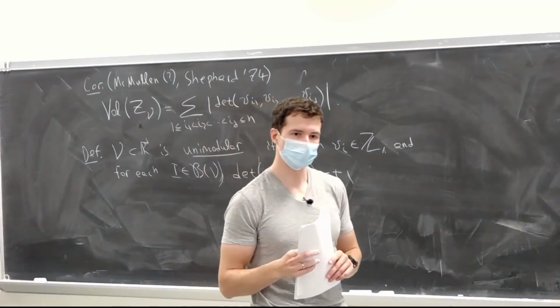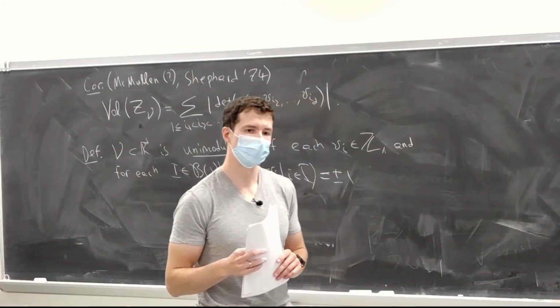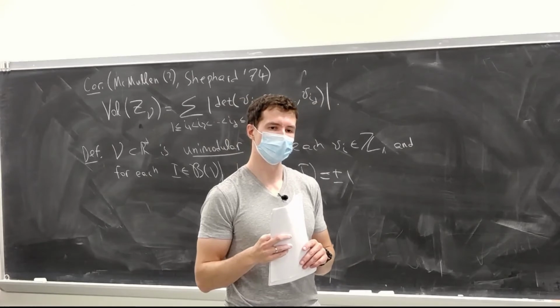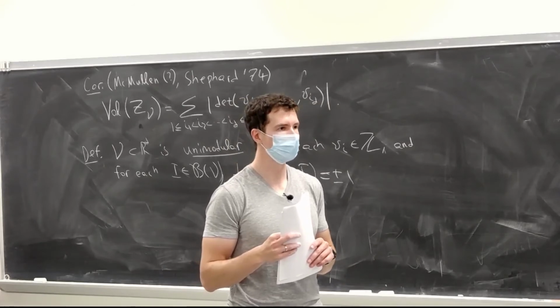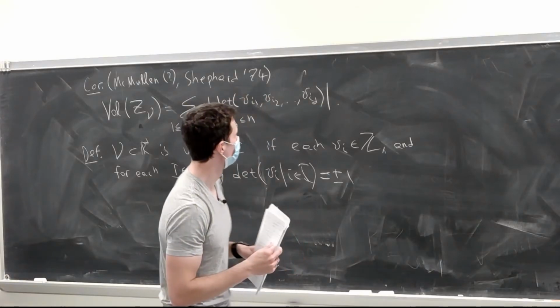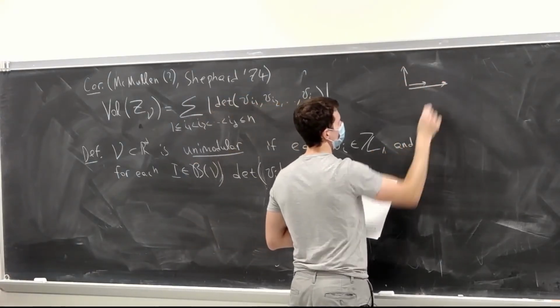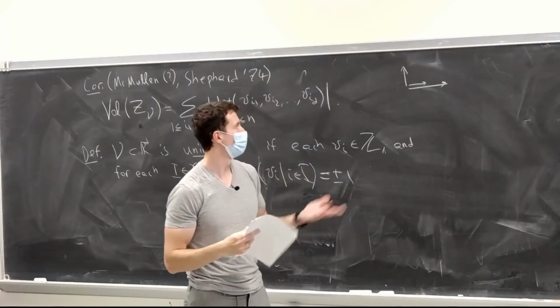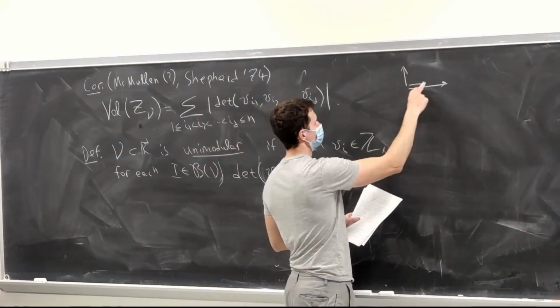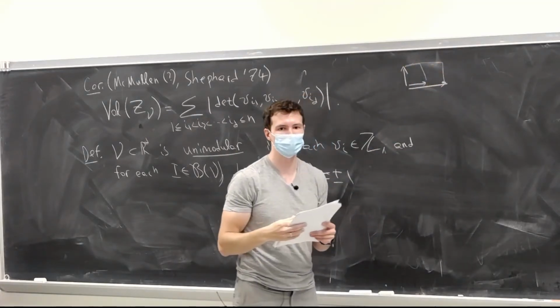Which arrangement is equivalent? Yeah, that's actually not true. If you have a vector configuration like this, this basis here has volume 1, and the other basis has volume 2.